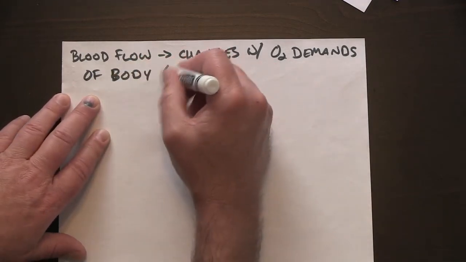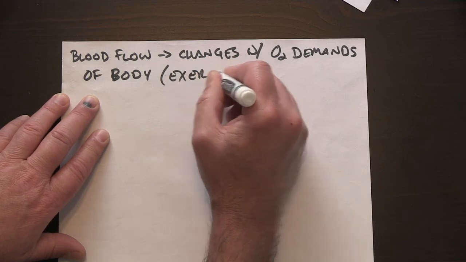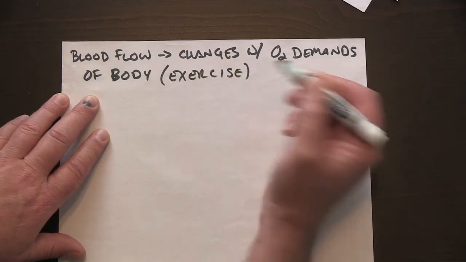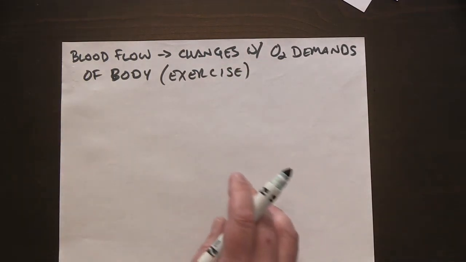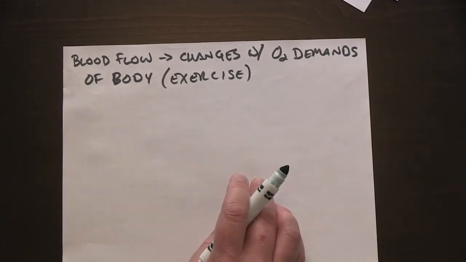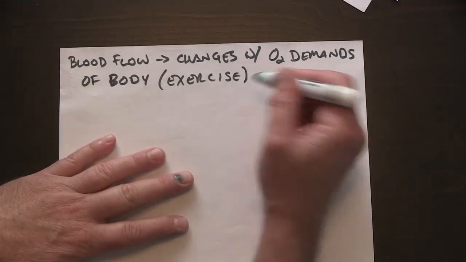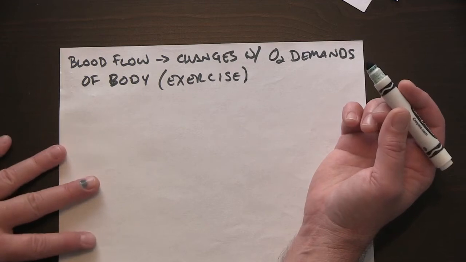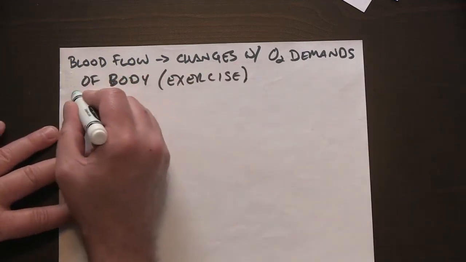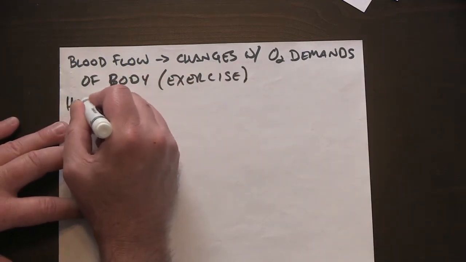So say during exercise, you're going to need more oxygen getting out to the body. So the heart rate's going to increase, as well as other physiological changes that we'll talk more about later. But the heart rate can be adjusted.